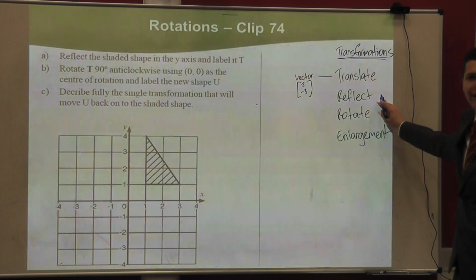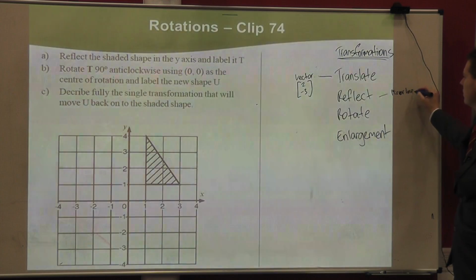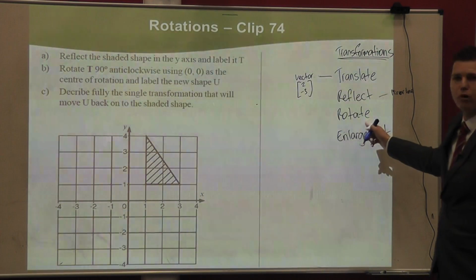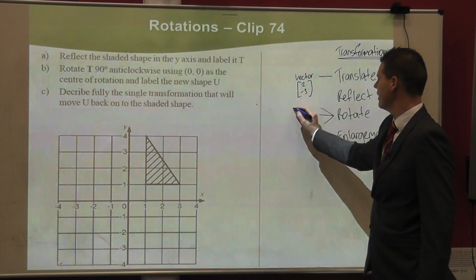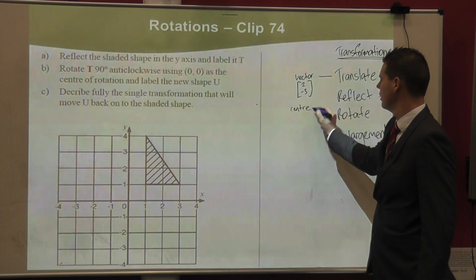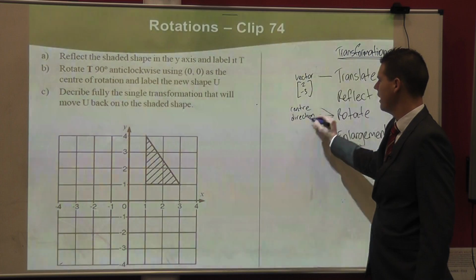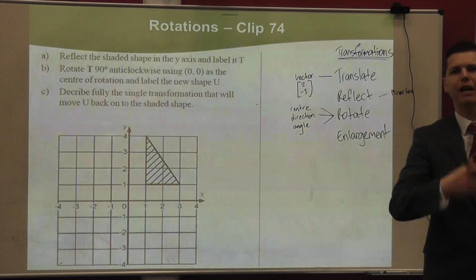You might be asked to reflect, in which case you're given a mirror line, the line that it's reflected in. You may be asked to rotate, in which case you're given a center, a direction, and an angle. 3 bits of information you need to be able to do a rotation.